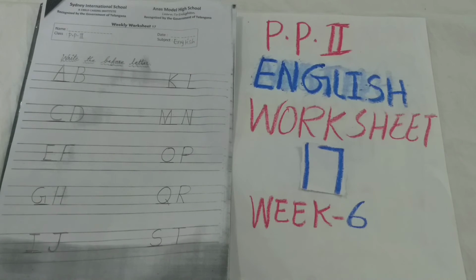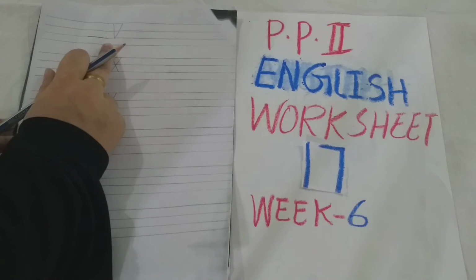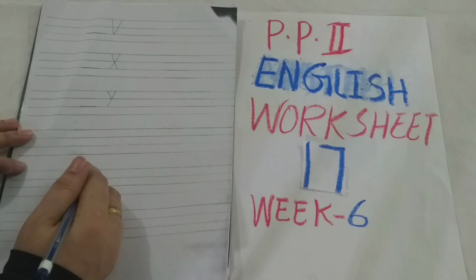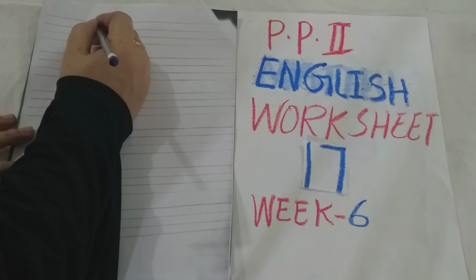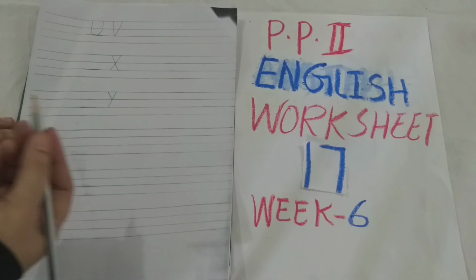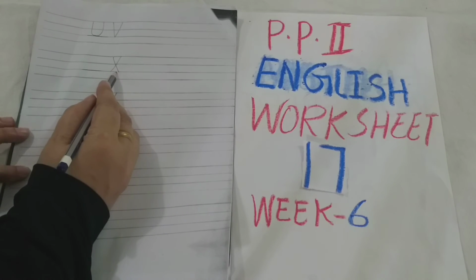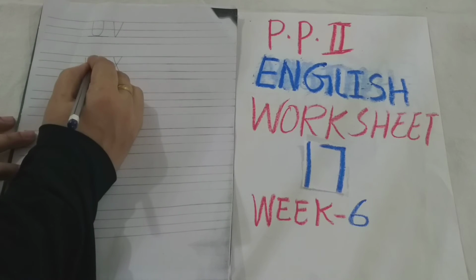Now turn the page. Now here V is here. V before, which letter is going to be written? V before U you have to write here in the dash. Now X is here. Before X, W write in the dash.